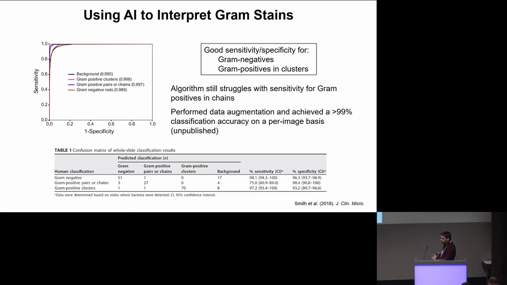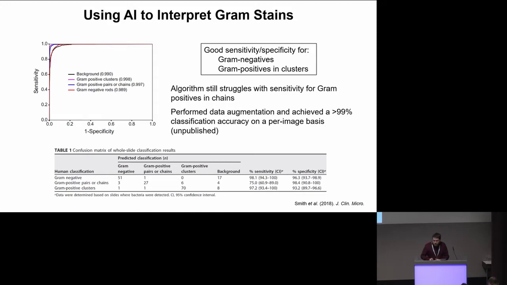So if we look at many images and then decide what the predominant organism is, we do a great job, I think, for these organisms. So we have a greater than 95% sensitivity and specificity for gram-negatives and greater than 93% for gram-positives.